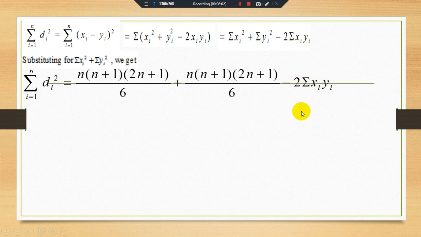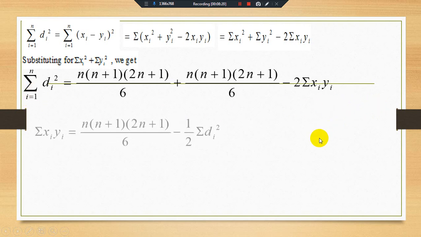So if we take this part to the other side of the equal sign, then this will become positive, and d will be written on the right side of the equation, then it will become minus. So we get this part.